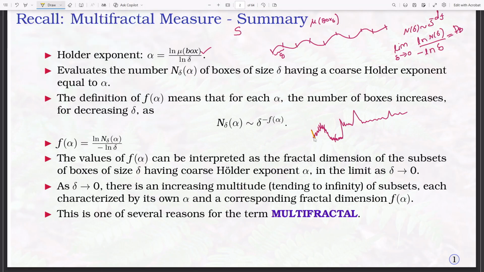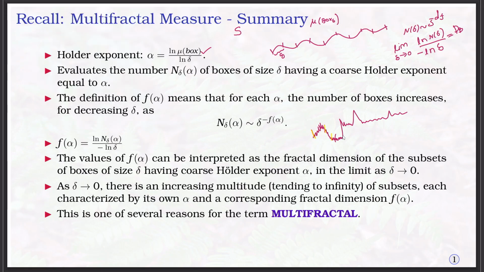The size of boxes is the same, and here it is the length I am covering because I am taking a curve, so the length is the same. Now one can understand from both figures that this curve is like a smooth curve, while here the curve has more fluctuation compared with this one.